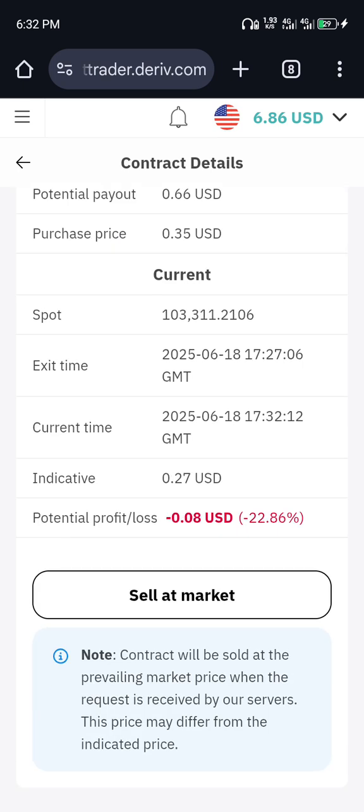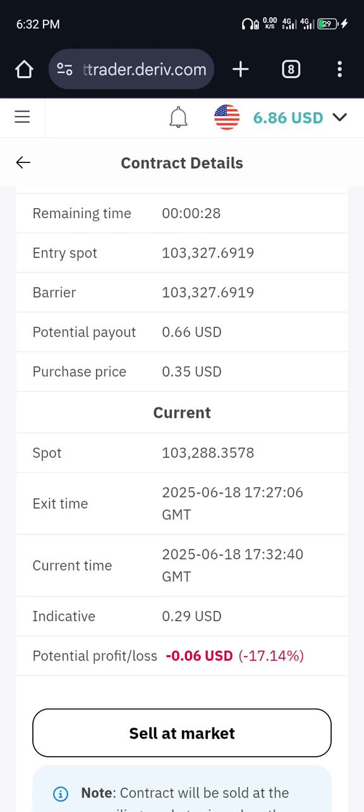We now come to sell at the market, to monitor the trade. It's now entering our favor. At 0.35, we just need a 25-cent profit to close the trade.